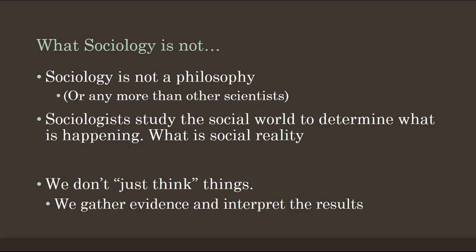In that way, we're kind of a philosophy, but we are scientists. We measure social reality, and we determine what social reality is. We do not just think things up, right? We do not just make up what we think is happening about the social world. When a sociologist makes a statement, they should be able to back that statement up with scientific data, and that is a big difference.